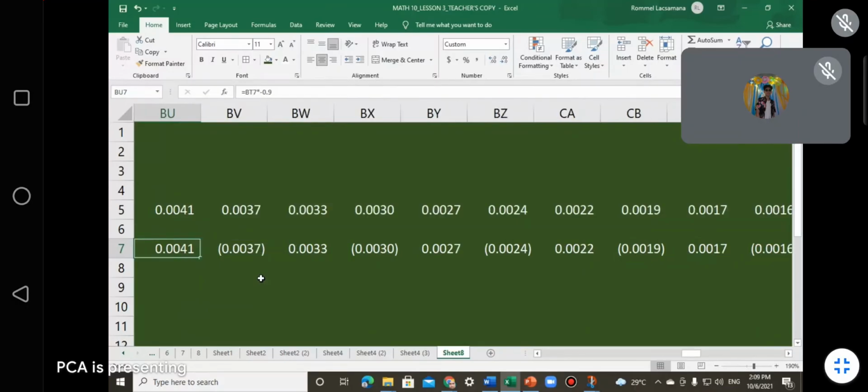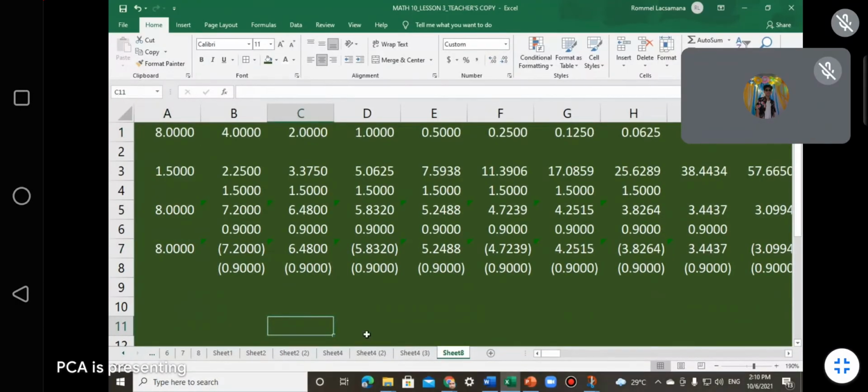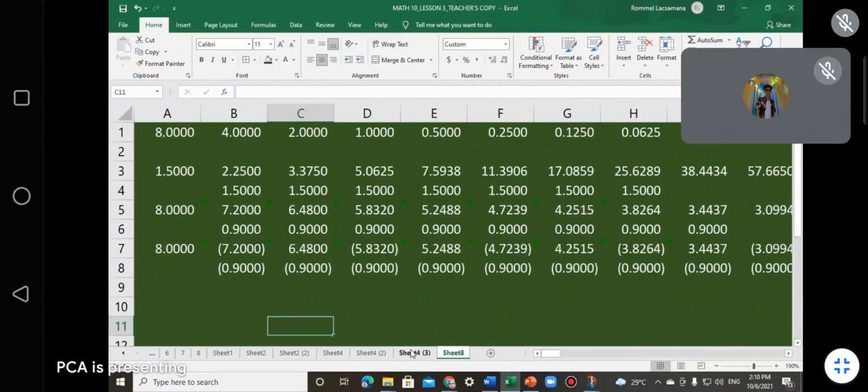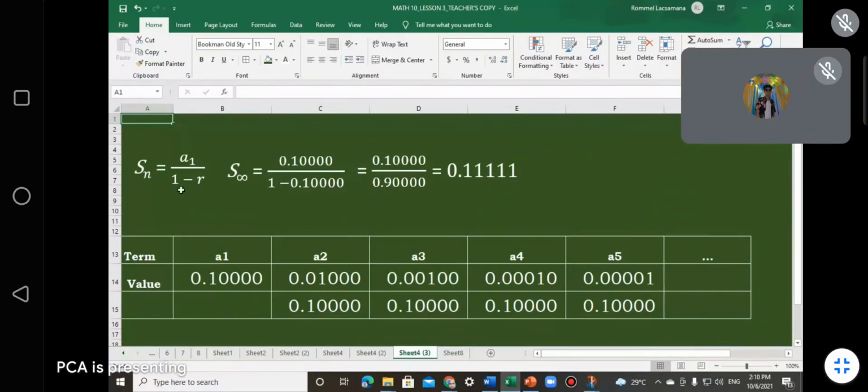That is why the mathematician has concluded that if the term is approaching 0, they will disregard it.